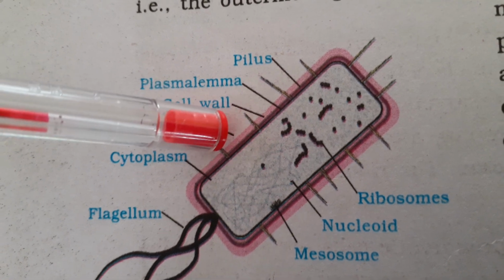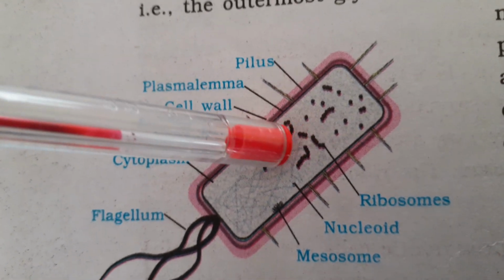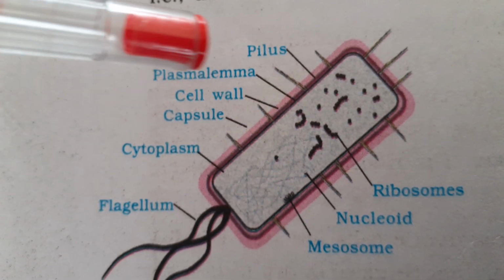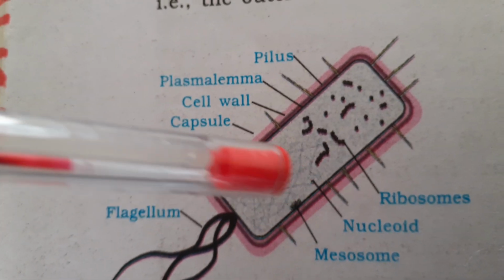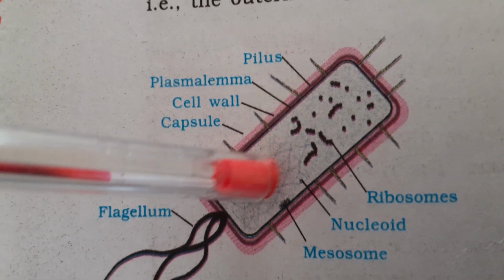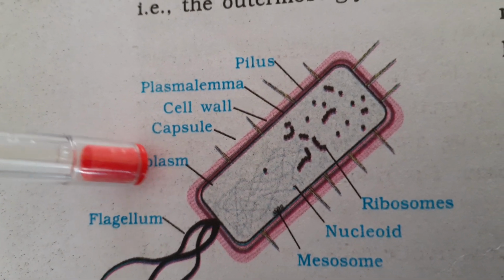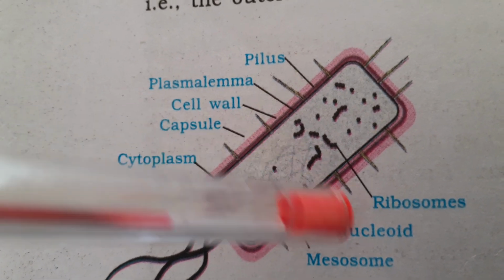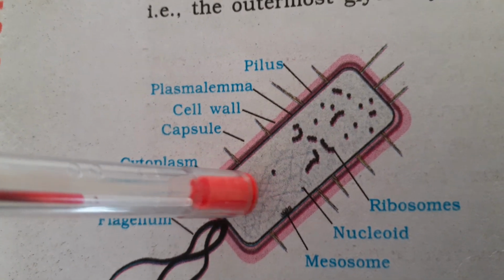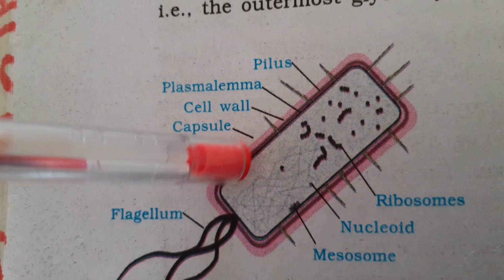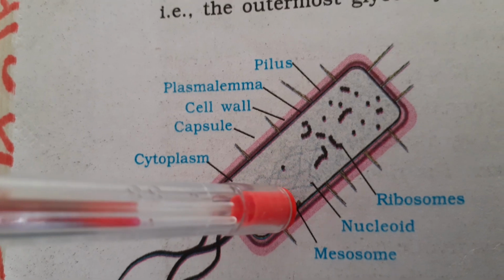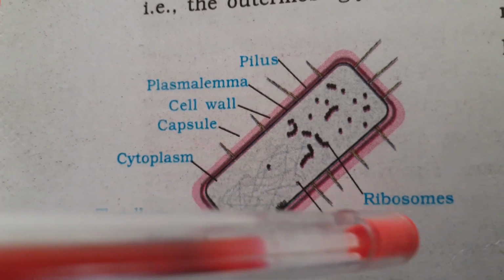Now you have a wall called the cell wall. You have a membrane called the plasma membrane. You have the flagella. Inside this cell wall and the cell membrane, there is a liquid portion called cytoplasm. Cytoplasm has different kinds of structures inside, like the nucleoid.